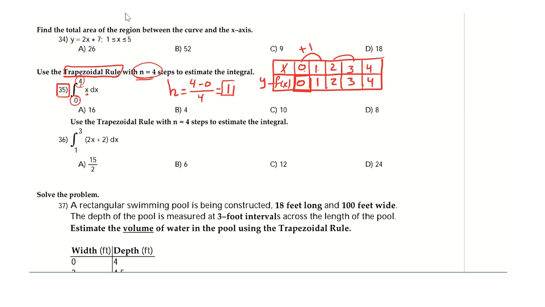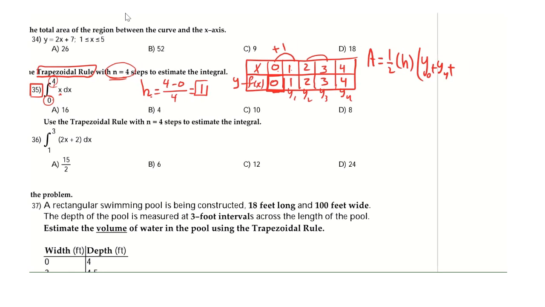Now I'm going to apply the area. And as we said a few minutes ago, the area is equal half h, and h here is 1, and then y naught, which is the first value, plus y4, plus twice all the values y1 and y2 and y3.